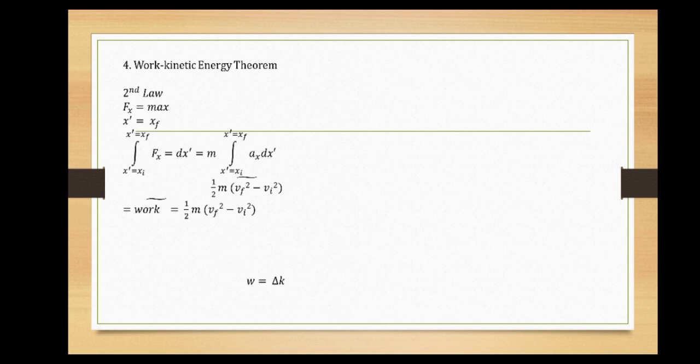The integral goes from the initial value to the final value of m a x dx prime, which is half m times (vf squared minus vi squared). This is the change in kinetic energy. The integral of Fx dx we call W, and the work done on the system is the change in kinetic energy. So this is the principle of work and energy.